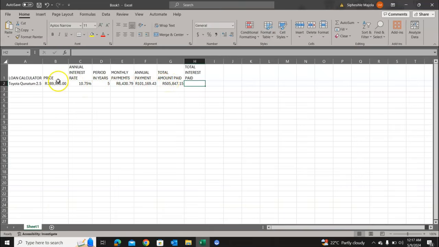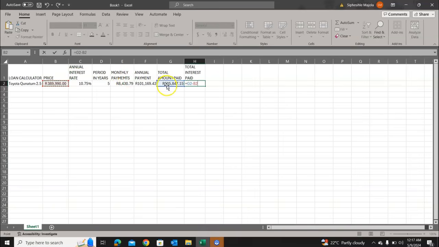from the bank. So to know how much of the interest we paid, we are going to go equal sign, we're going to take the whole amount, the total amount of 505,000. We minus our principal debt, which is the amount that we took from the bank as a loan.